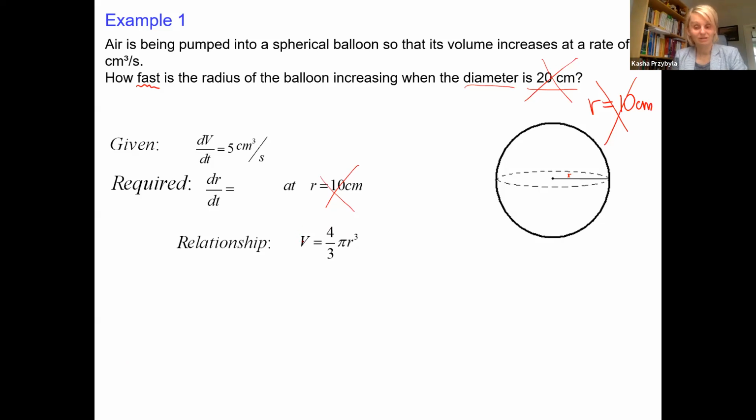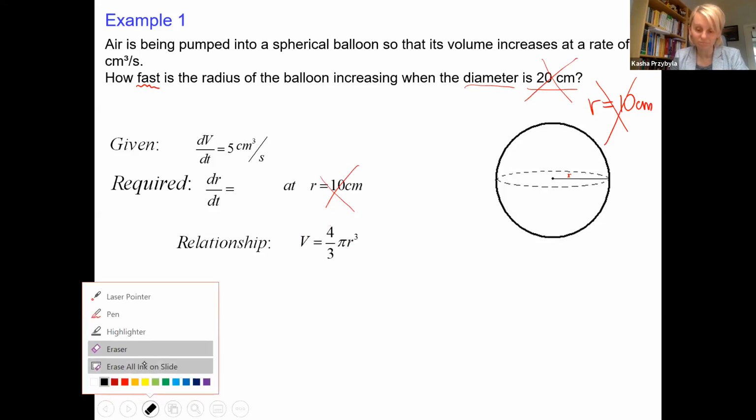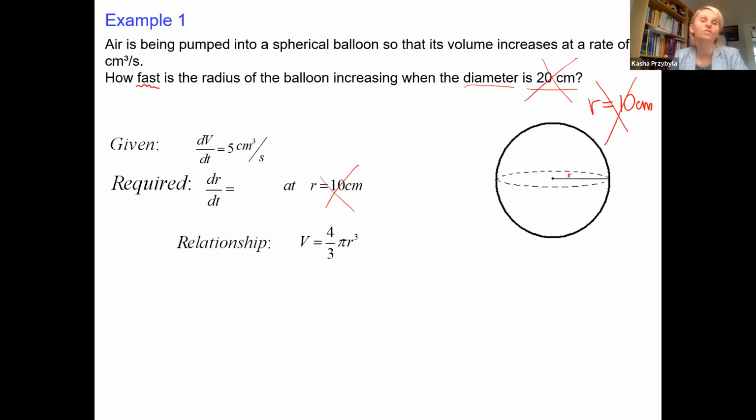On the left-hand side, the rate of change of the volume will be dV/dt, okay? 4/3 pi, that's a constant, so we will copy the constant. And now, who can type for me what will be the derivative of r cubed? We have to differentiate r cubed. Do you think you can type it for me?